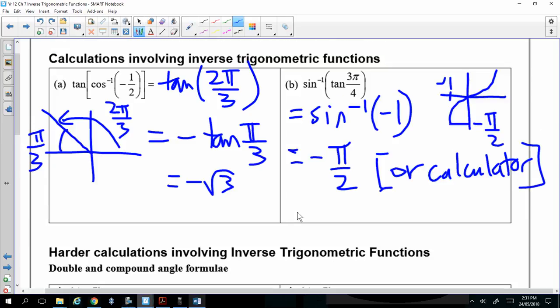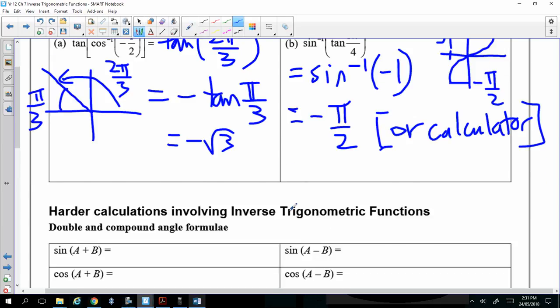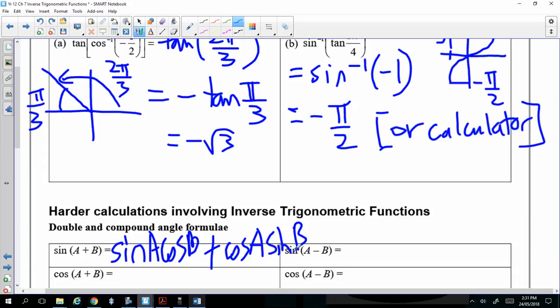So the first one, sine A cos B plus cos A sine B, right? And fill the rest of these. The more you do it, the better you become.